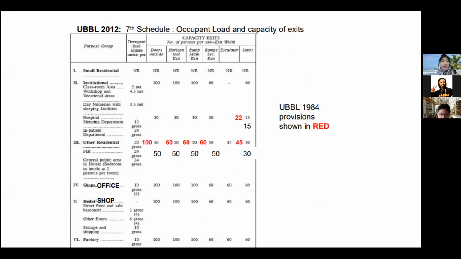So the horizontal exit means 100 can use per exit ramp during emergency. They allocate about 100 can use the ramp for exit.